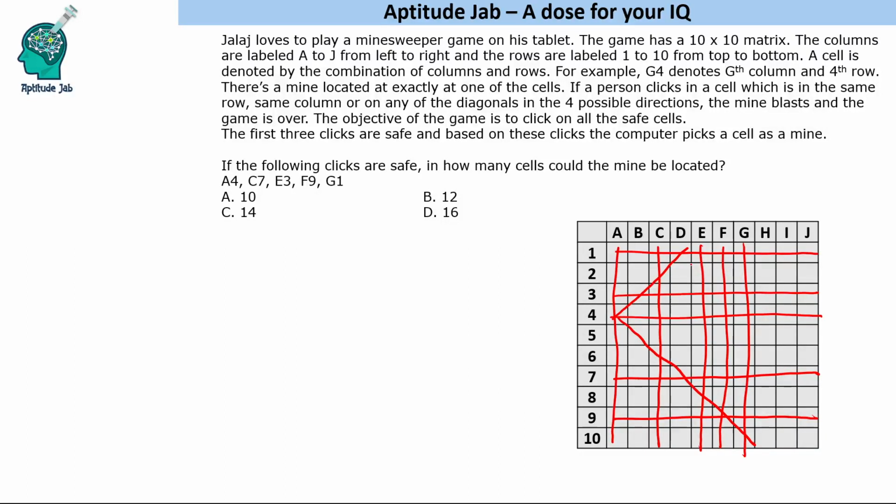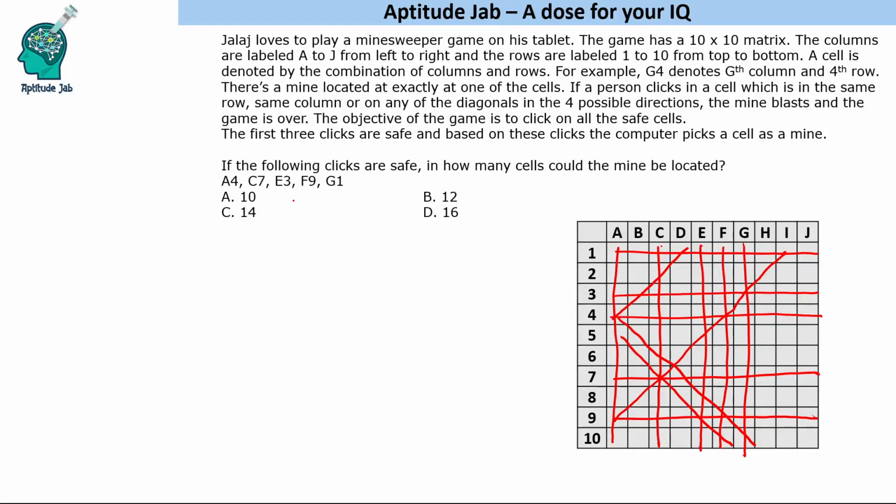Okay, if I take C7, this diagonal will be safe, right? And C7, this is one diagonal, this is the second diagonal. Okay, for C7 also we made the two diagonals.